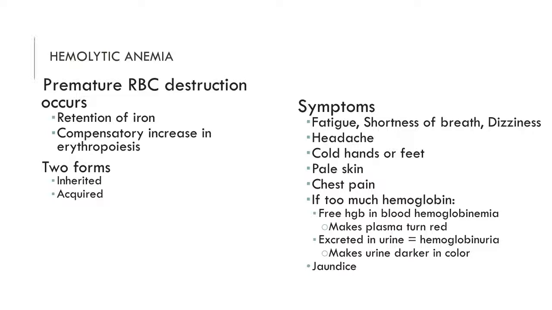The first form, the inherited, is caused by different types of faulty genes that cause different types of inherited hemolytic anemias. However, in each type, the body makes abnormal red blood cells. The problem with the red blood cells may involve the hemoglobin, the cell membrane, or enzymes that maintain healthy red blood cells.